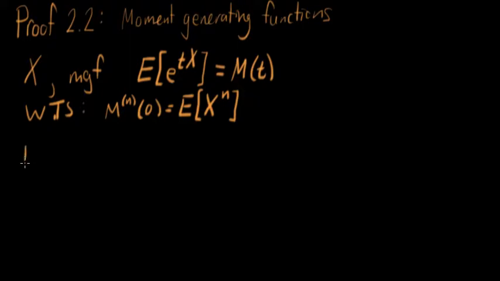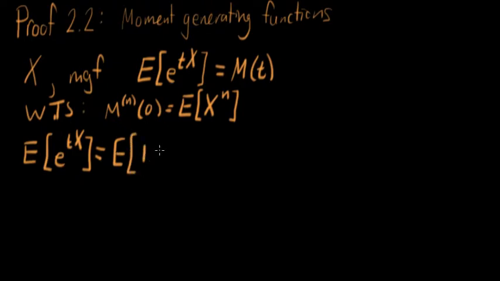So the expectation of e to the tx, just recall that e to the tx, we can expand that out as 1 plus tx plus t squared x squared over 2 factorial plus dot dot dot.